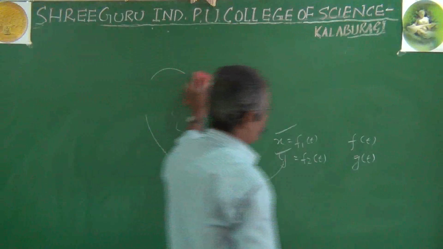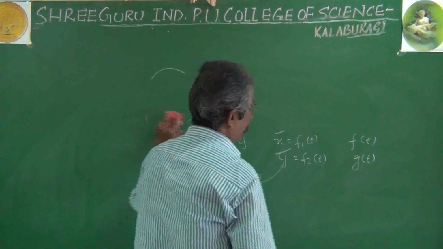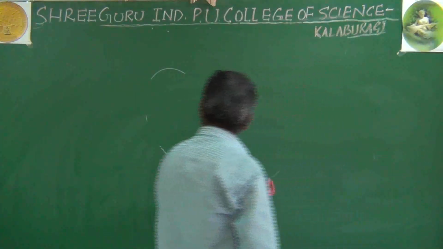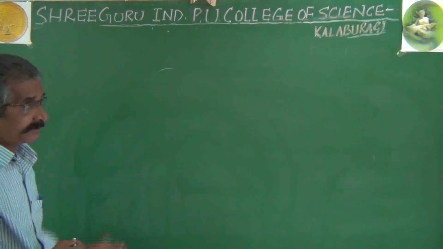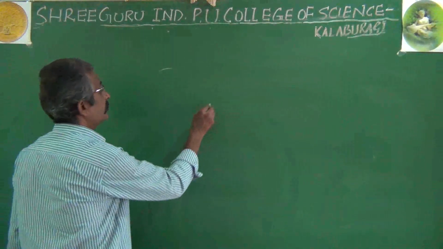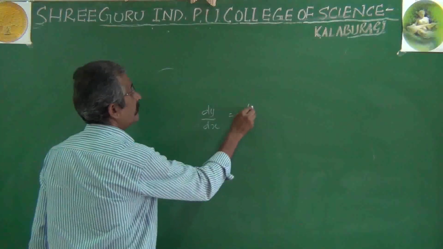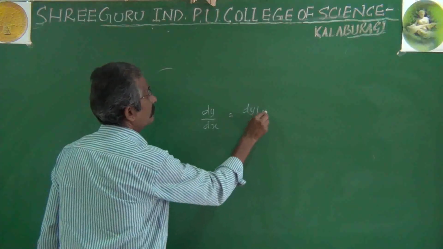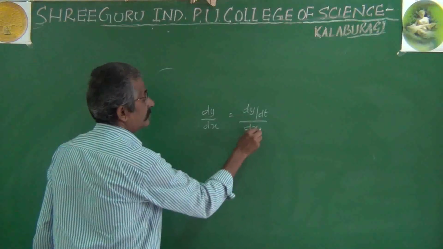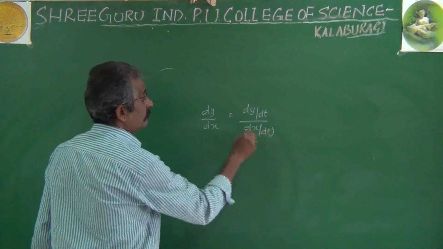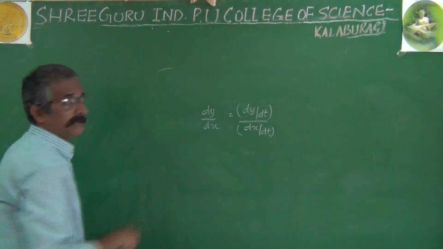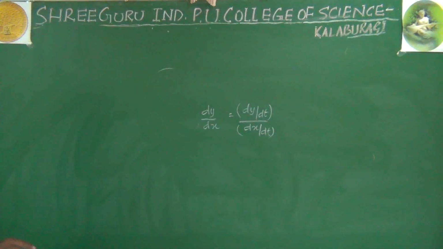Also, in the last class we saw that in the case of parametric functions, dy by dx is given by the formula dy by dx equals dy by dt divided by dx by dt. By this formula one can get dy by dx for parametric equations.